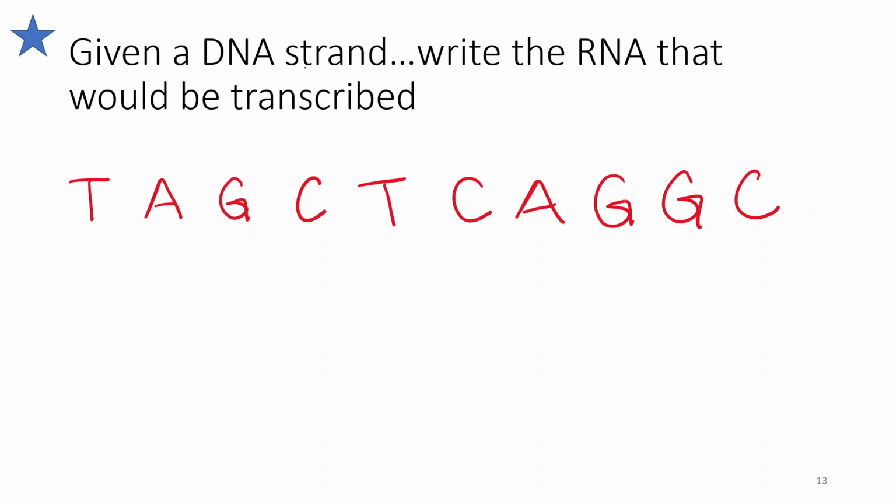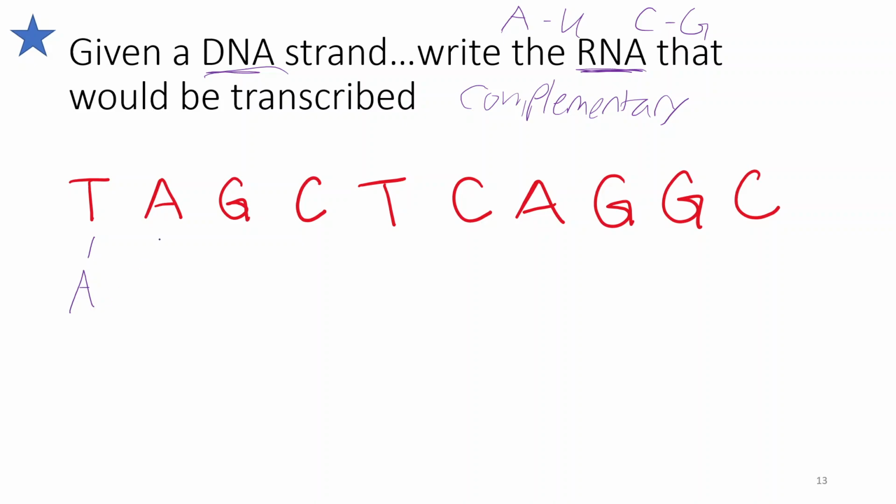So now, if we have this DNA strand, we are going to transcribe the RNA strand that is complementary here. Now RNA pairs A with U, C with G. So here we have a T. Now this T is still going to pair with an A, right?